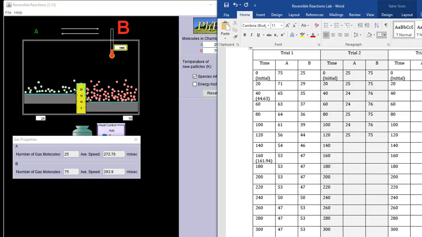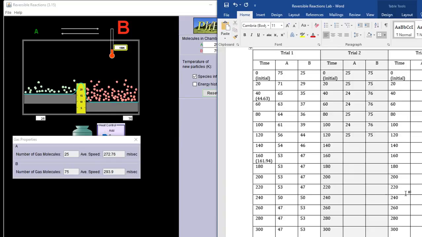Now that one does reduce, so we have a ratio of 1 to 3. We have a ratio of 25 to 75, or a 1 to 3 ratio.